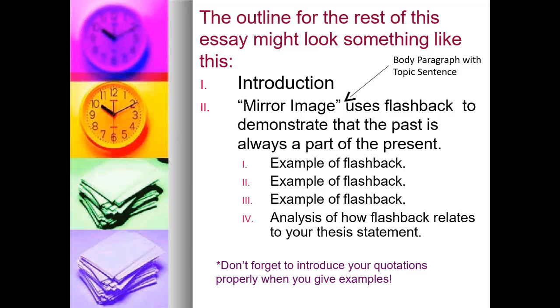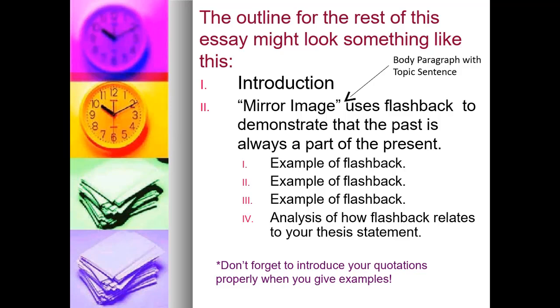How does that flashback show that Alice can't get away from her past? How does that flashback show that she's still affected by the accident and the changes in her life, right?